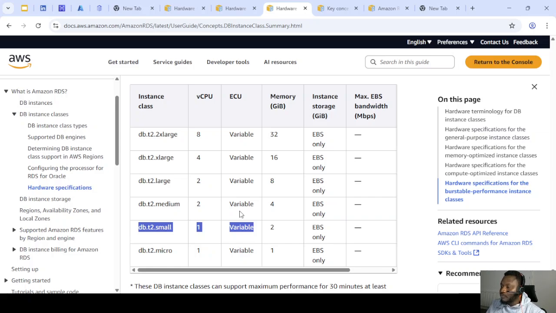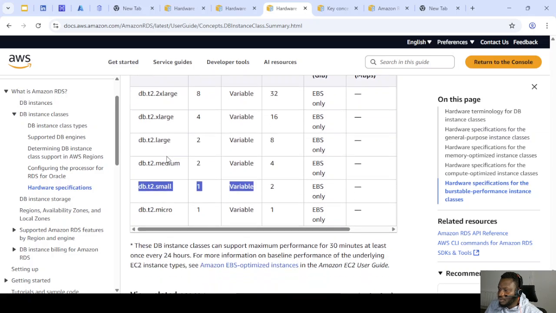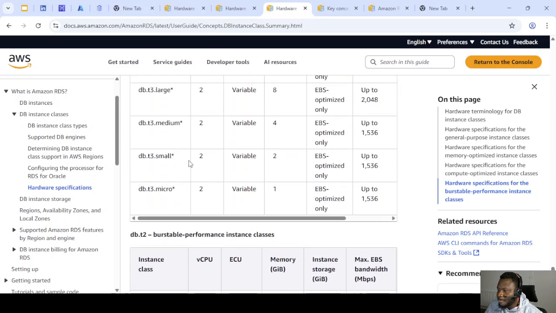What do I mean again by that? Meaning, if you have an RDS instance, let's say you have a DB T3 medium that gives you two vCPUs and 4 gigabytes of RAM. AWS has given some specifications for your baseline consumption of a CPU.